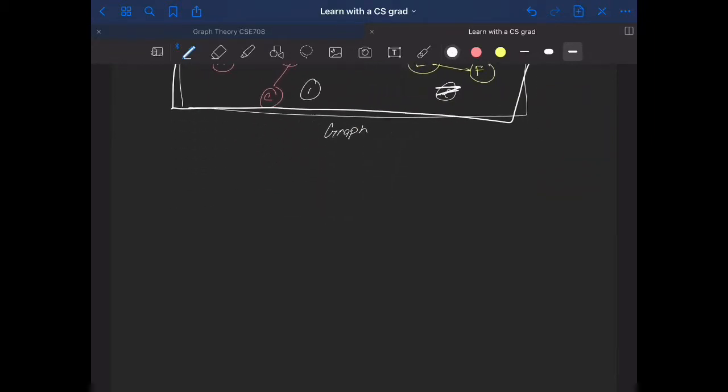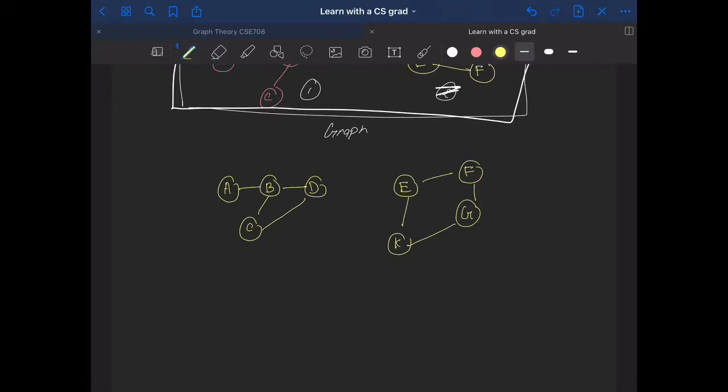Let's just try to look into another example if this is a bit confusing. So we have A. Okay, so in this example we are saying that they are separate graphs. If we say they are separate graphs, how many components does each one of them have?